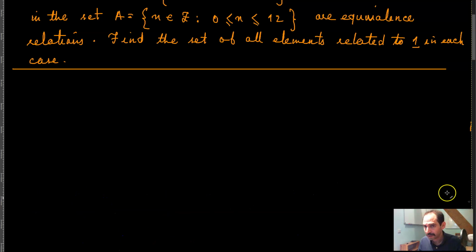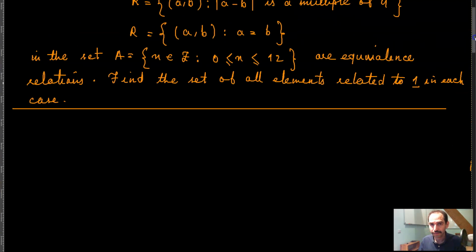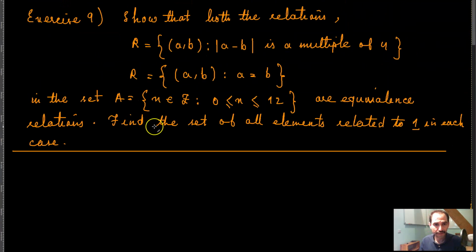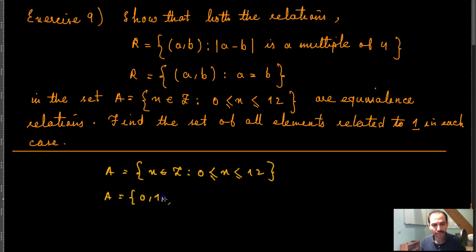So now suppose that I consider the set A, which is equal to x belonging to Z, such that 0 is less than or equal to x less than or equal to 12, which means that A is equal to 0, 1, 2, and so on, all the way up to 12.